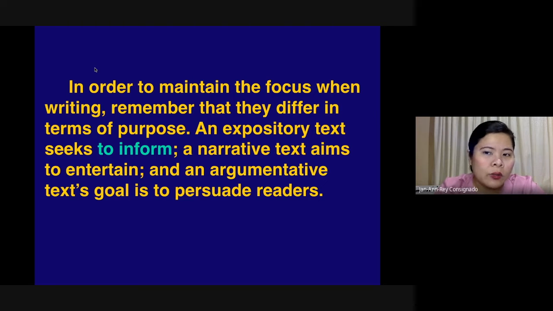An expository text seeks to inform. A narrative text aims to entertain, and an argumentative text's goal is to persuade readers. I would like to highlight the word inform. Again, an expository text seeks to inform.